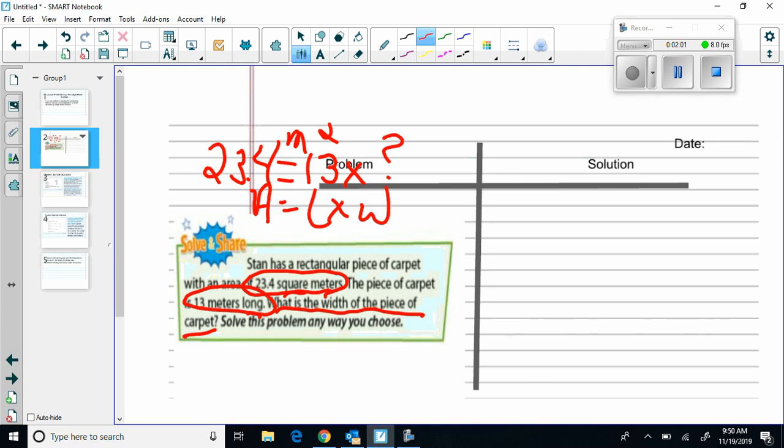And as you can see, we have our area, 23 4/10 meters squared, and it's equal to 13 is the length times what? What is the width? So we already know the area. So we're going to box that, and we want to know what the width is. So a couple of things when we think about division and when we go to check, whatever our dividend is, we receive a quotient.